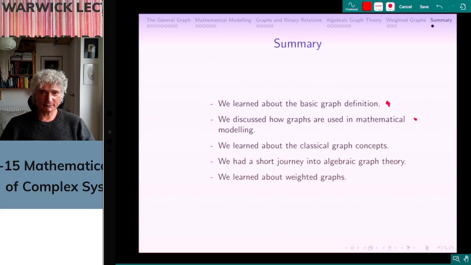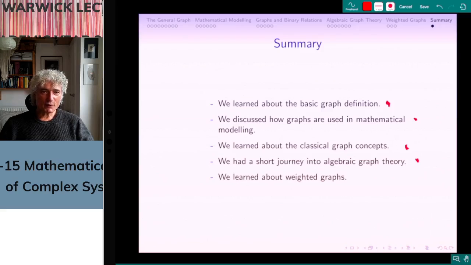So please make yourself familiar with this concept. Then we also introduced classical graph concepts, which are all based on binary relations. And then we had a journey into algebraic graph theory.